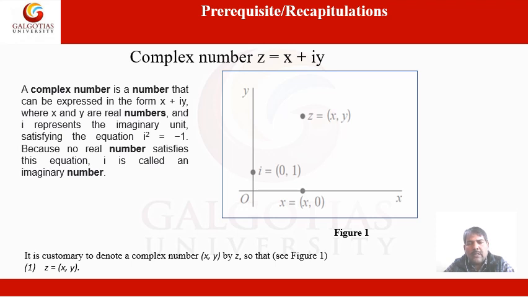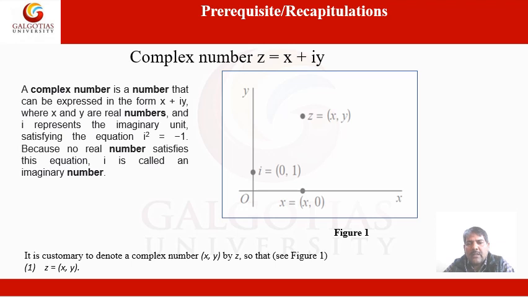Because no real number satisfies this equation, i is called an imaginary number. It is customary to denote a complex number (x, y) by z, so that z equals (x, y).